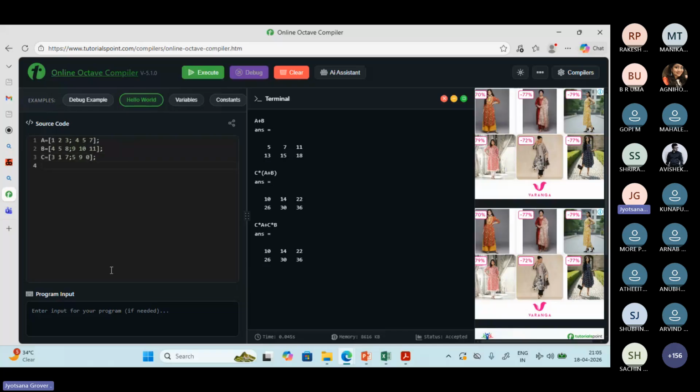Now we have to see whether it is associative or not. So let's add the first two matrices, A plus B, plus C. I hope you know what the addition of two matrices is.